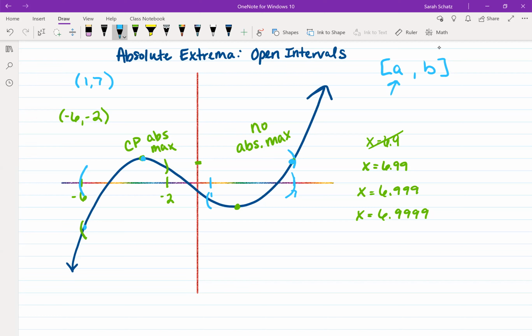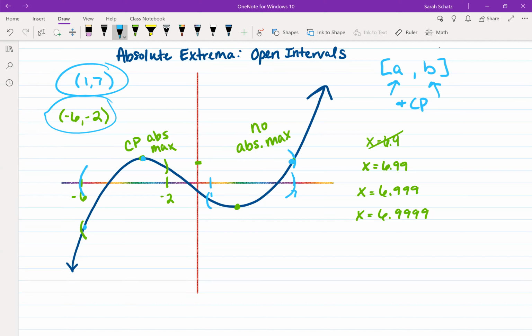We had to consider the endpoints as possibilities and also critical points. And we had to test them all. Those are the only choices you have, critical points or endpoints. But in an open interval where you can't consider your endpoints now, critical points are the only option.